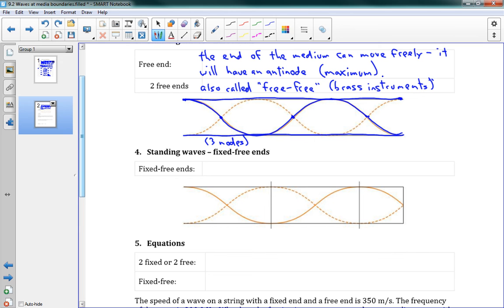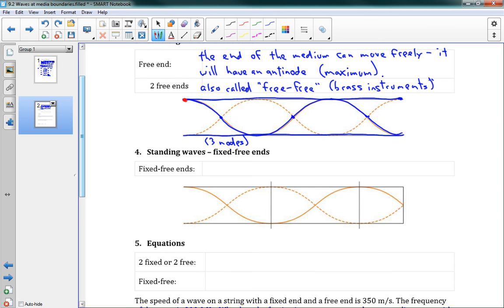And if I draw the minimum possible nodes that I can have here, I'll do this in red. I know I need to have an antinode at the top, so at one end it needs to have the largest possible value, and at the other end it also needs to have the largest possible value, max or min. So it needs to go from an antinode to an antinode.